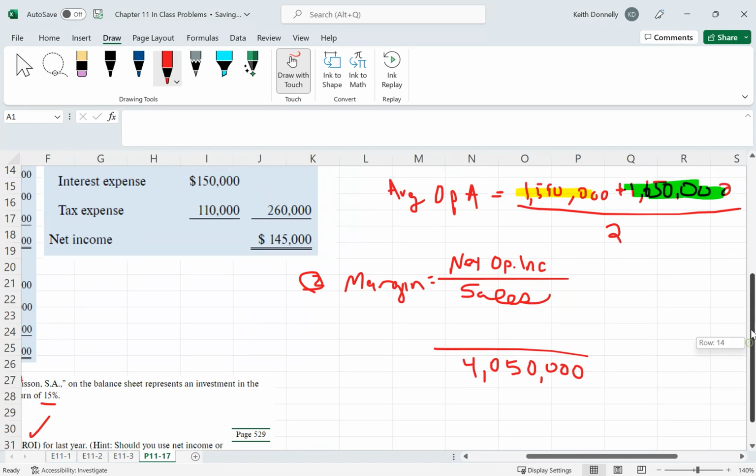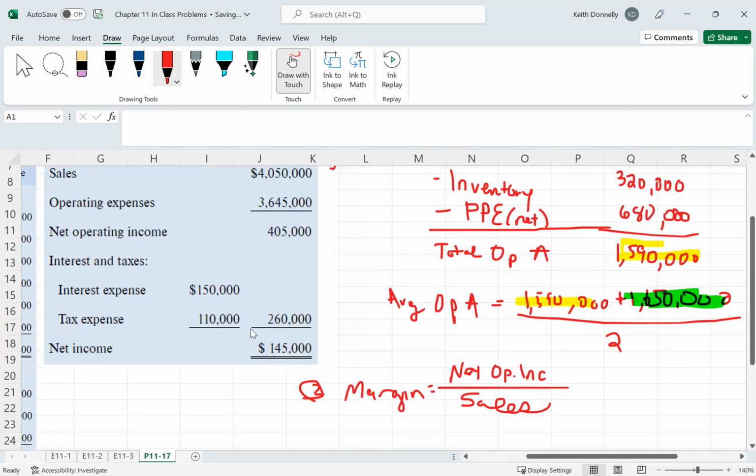And if we go up, we have to make sure we use net operating income. That's before interest and tax expense. It would be a mistake to use net income. They sound the same, but they're different because one is the net operating income, whereas the other is going to be the full net income.